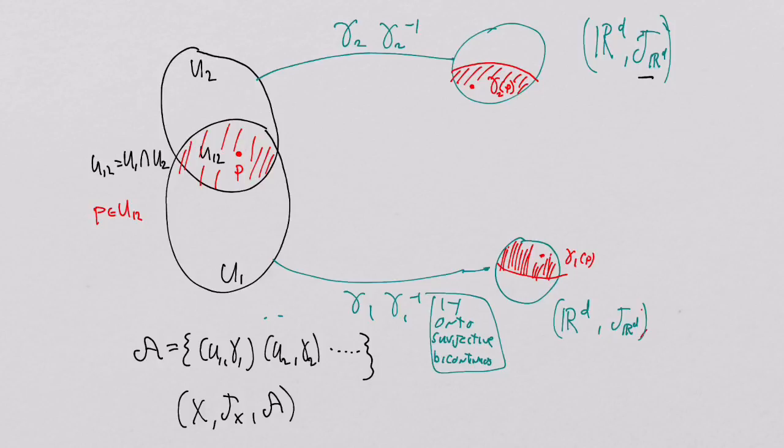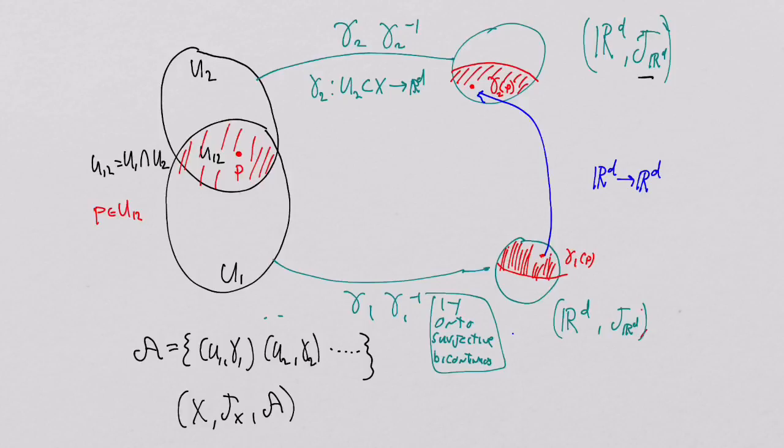So now our question becomes, I want to make a map from here to here. I want to make a map from RD to RD, right? Right now, the important thing about these maps is that they are from U2 specifically. They're actually not really from X. You would have to write gamma 2 is a map from U2, which is a subset of X, to RD, to be very precise.